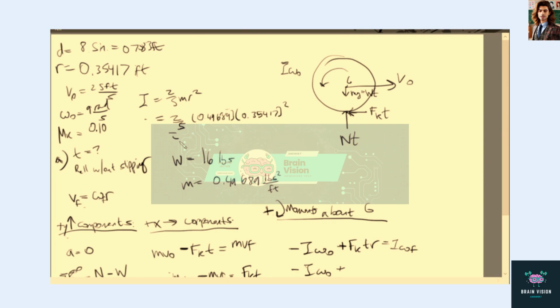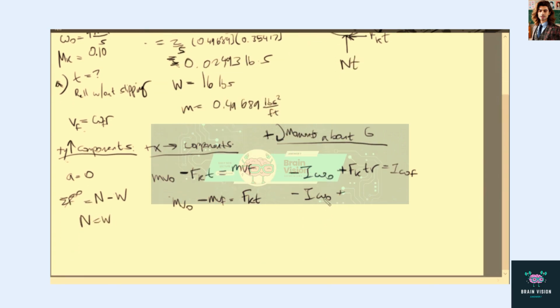So our I has a value of 0.02493, and this is going to have units of pound seconds.